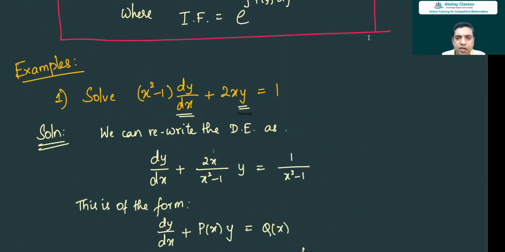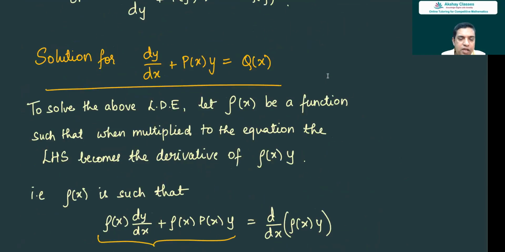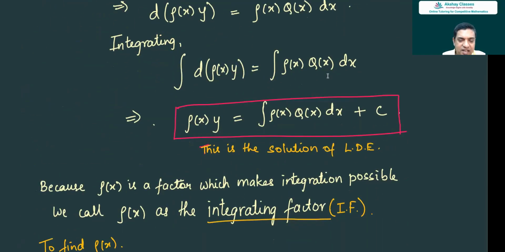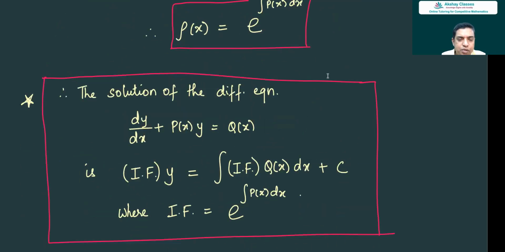So in linear differential equations, as we discussed in the last class, the differential equation is of the form dy by dx plus p of x times y is equal to q of x. The dependent variable and its derivative appear in degree 1 and they're not multiplied together.